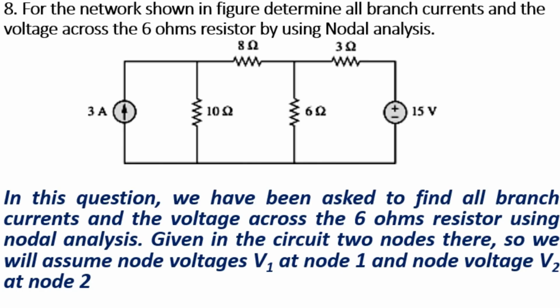First of all we will notice the nodes. Number of nodes are 3: node 1, node 2, and one more is a reference node. At node 1 we will assume a voltage V1 and at node 2 we will assume a voltage V2.